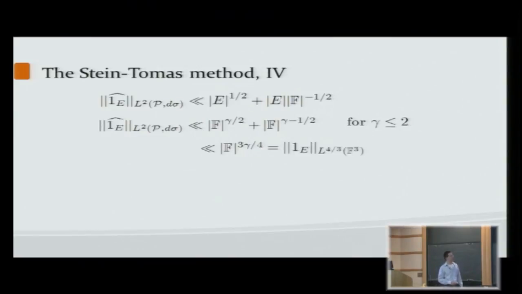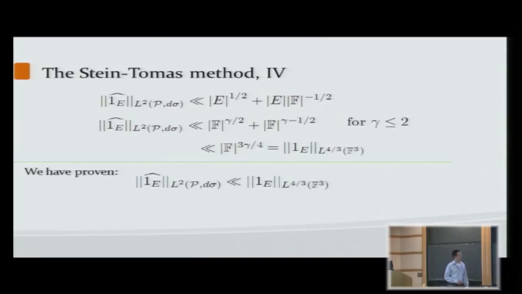And so this is equal to the L4 thirds norm of the characteristic function. So what we've proven is that for any characteristic function, I can upper bound the L2 norm of the Fourier transform on this set by the L4 thirds norm of the characteristic function itself.